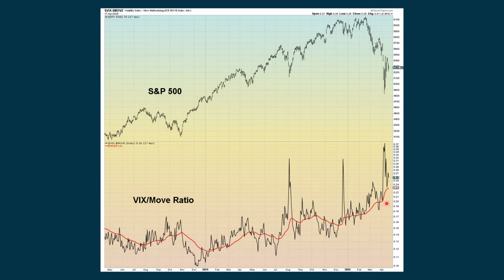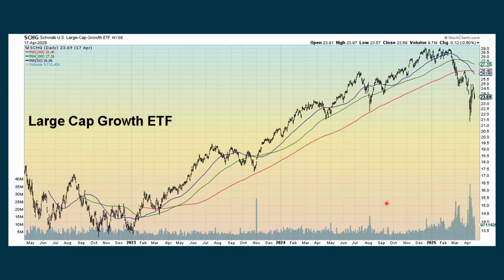Large cap growth. This is a huge part of the overall market. When it's doing well, the market's doing well. Right now, not doing so well. We're dropping further below all of these moving averages, and we're seeing the blue line here, which is a 50 period moving average, crossing below the green line, which is a 100 period moving average.